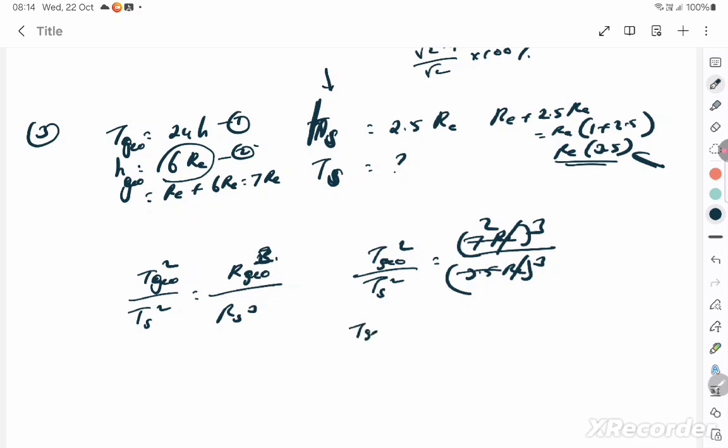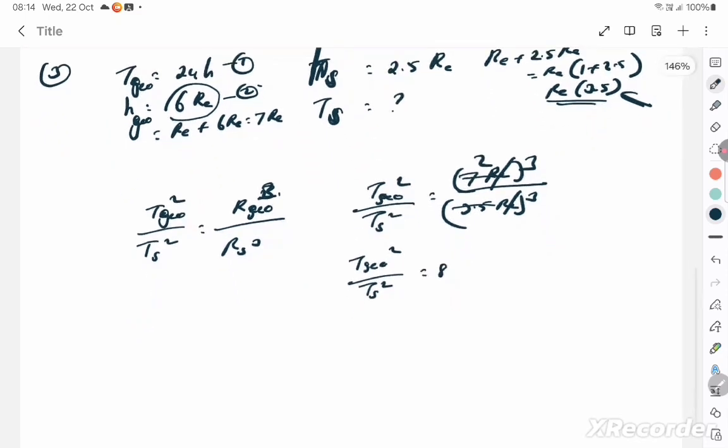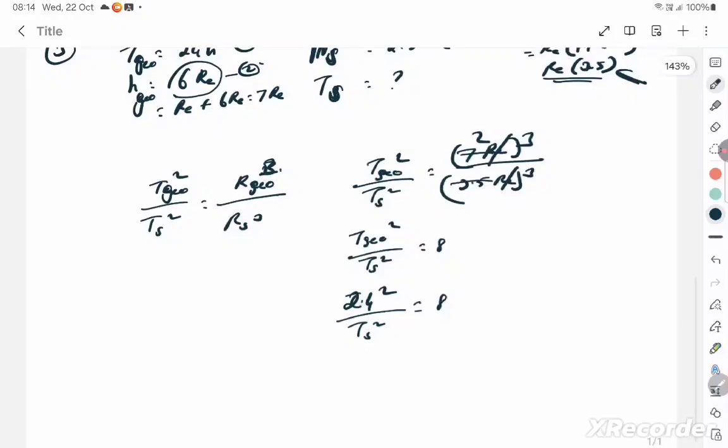So T geo square by T satellite square becomes 8. T geo has been given to be 24 hours, so 24 square by T satellite square is equal to 8. Therefore T satellite square is 24 into 24 by 8. 4 3s are 12, 3 2s are 6, 72.